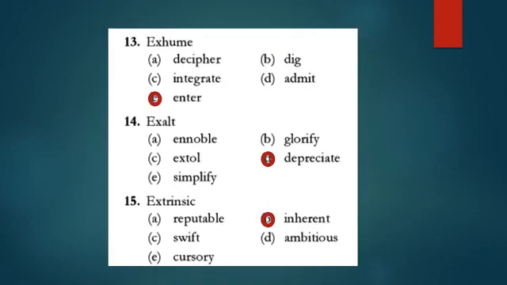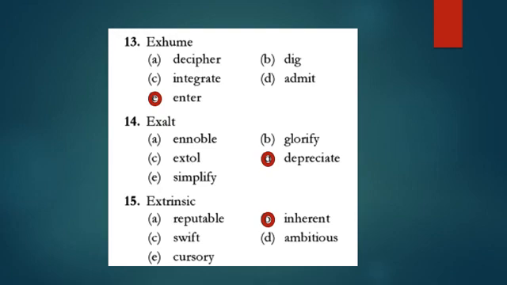Exhume, to dig out the body. So enter would be the opposite of the word exhume. Decipher, to find out the meaning of that, from a manuscript, understanding it, finding it out. Exalt.